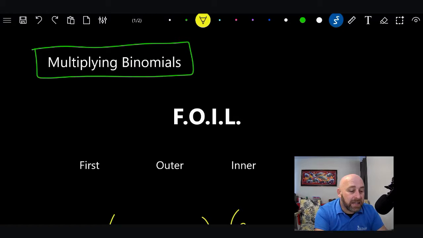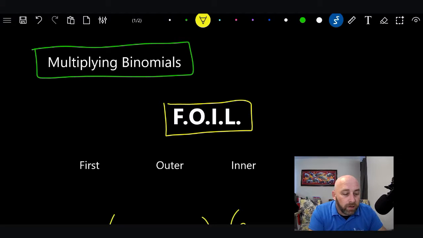The technique that we'll be using is called FOIL. F-O-I-L. FOIL. You know, there's different types of foil. Like there's aluminum foil, when you wrap up your leftovers and put it in the refrigerator. But we're not talking about that kind of foil.